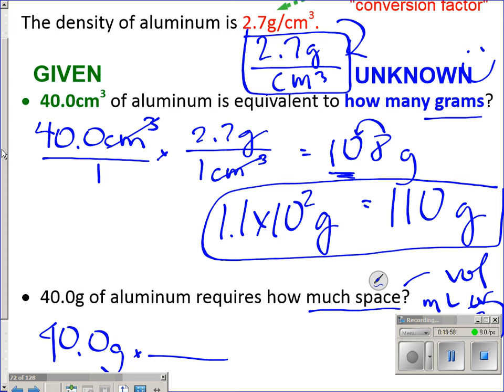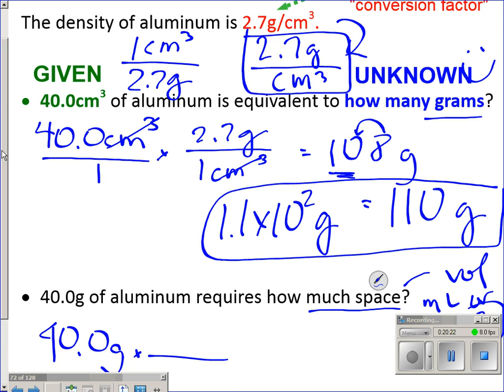So I'm going to flip this and put 2.7 grams on the bottom and 1 centimeter cubed on top. Basically just taking this and flipping it upside down. The units that are within the number, though, have to stay with their number. So this is a tool now. And the only reason I'm doing this now is because in this very bottom question that we're working from, what unit do you think we want to cancel? Grams, right?